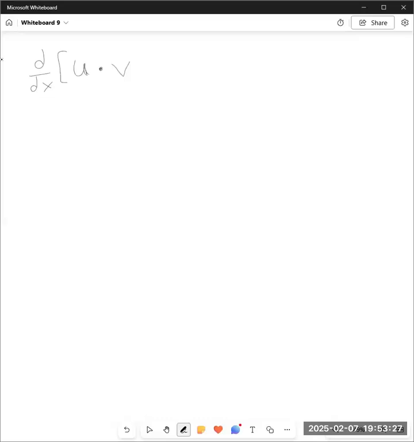And notice u has a tail there that you can see, and v is more pointy. So this is going to be v times du dx. So differentiate the first one first, leave the second one alone, and then plus u times dv dx.